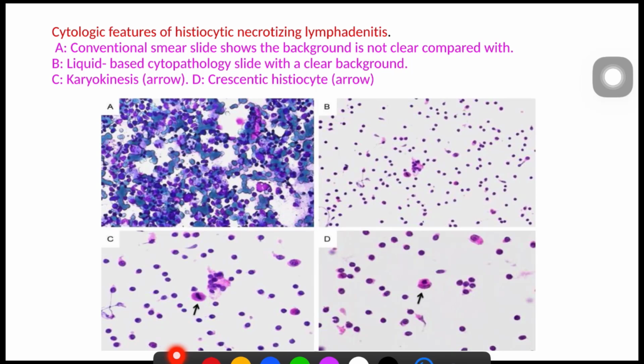Now, a conventional smear shows a background where you can find necrosis, inflammatory debris, etc. But in liquid-based cytopathology you will have a clear background. This is one drawback of liquid-based cytopathology, because you will not find any background details. Here the cells are easily identifiable, and here you can identify mitosis, and this is the crescentic histiocytes in the smear.